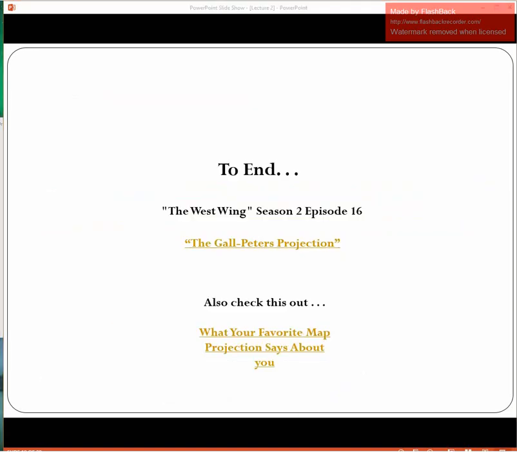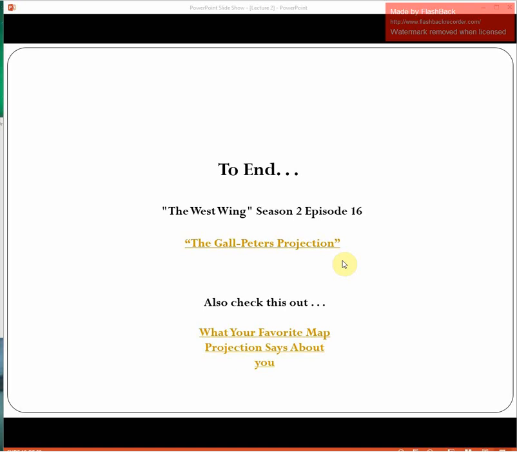So to end, I highly recommend you watch The West Wing, Season 2, Episode 16, this clip here called the Gauss-Peters projection. It's only about 7 minutes long, but it's very funny, and it's also very enlightening, because what it brings up is something that is at the bottom line of all of this accuracy and map projections. Because of course, while accuracy is important, the other thing that's happening with all these projections is they have a very political component to them.